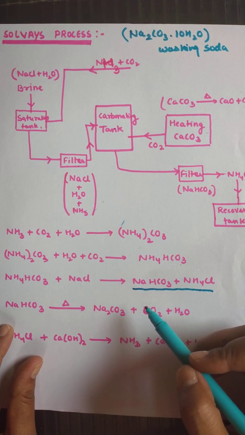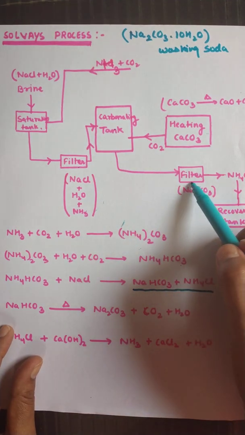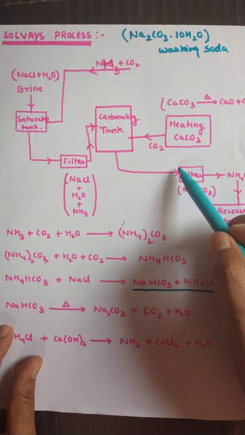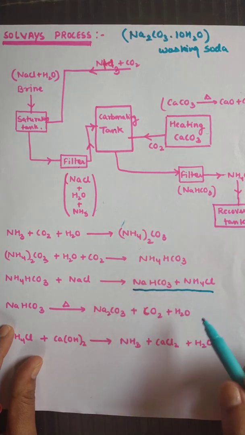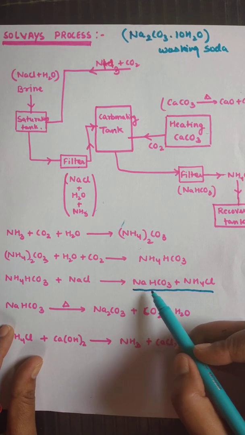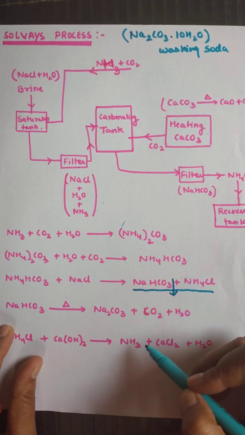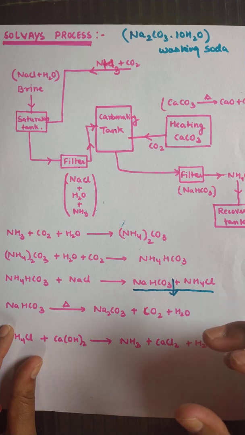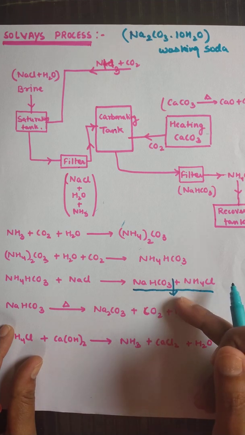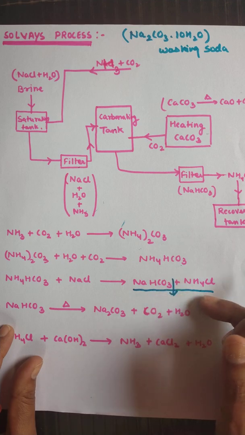Students, what happened? This whole solution is filtered, but the main thing is that the sodium hydrogen carbonate gets settled in the form of a precipitate, while the other is present as a liquid solution.